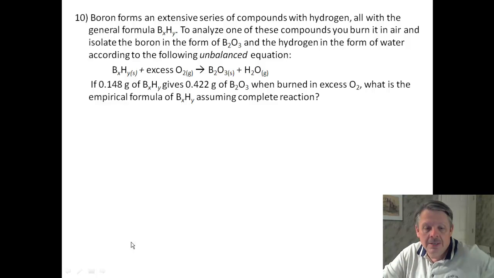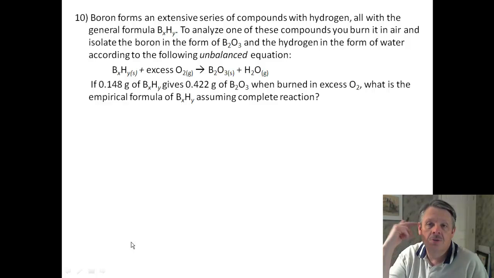This one is a rather tough one. So let's go through this. Boron forms an extensive series of compounds. They're B, X, H, Y. We're going to use the same concept we just used to go back and do this one as well. Okay. So we have an unbalanced reaction.